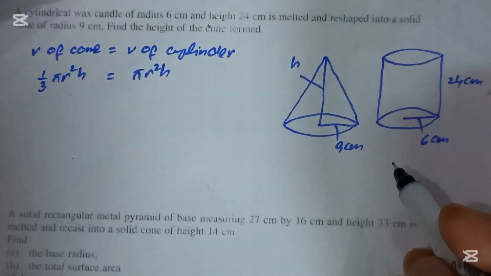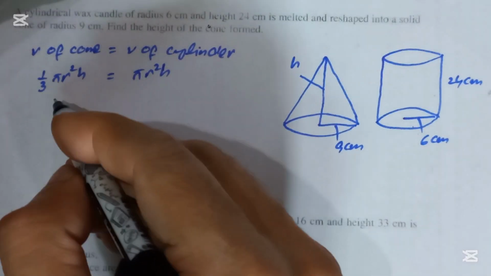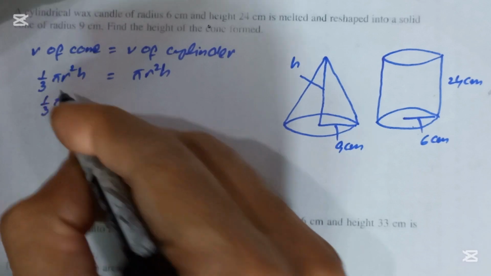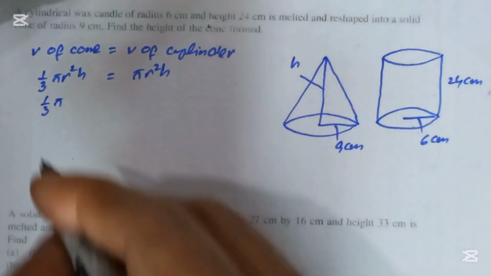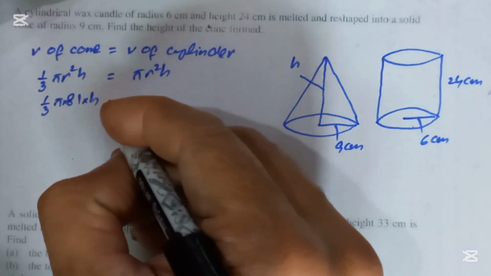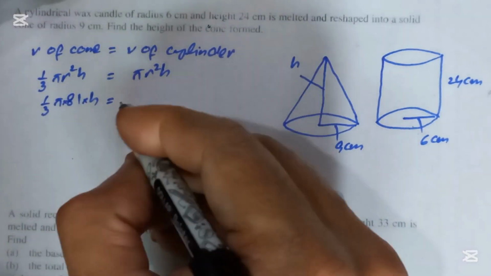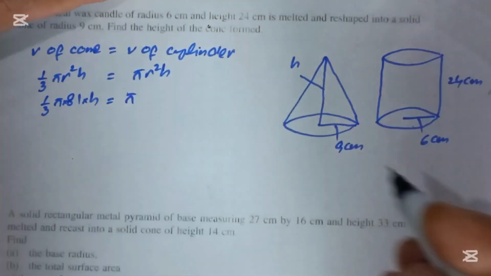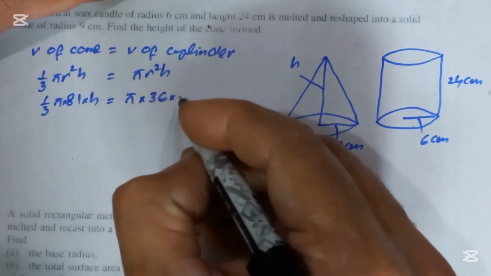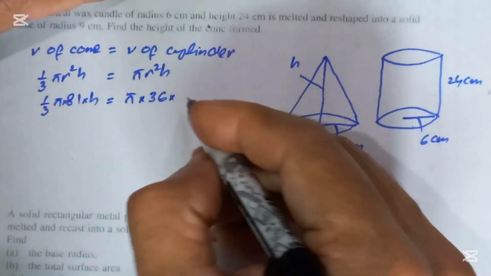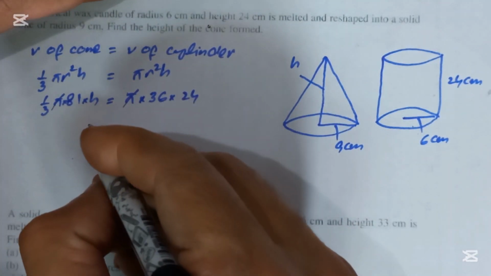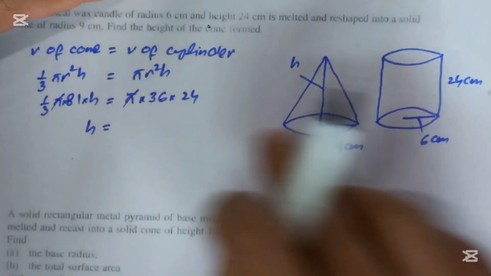Now put the values. Volume of the cone 1 by 3, pi will remain the same. Radius of the cone is given, that is 9, so r square will be 81, and h is missing. This will be placed as it is. Now pi on the right side. Radius of the cylinder is given, that is 6, so 6 square will be 36, and h of the cylinder is 24. This pi will be cancelled on both sides, and now use the calculator and solve the values.